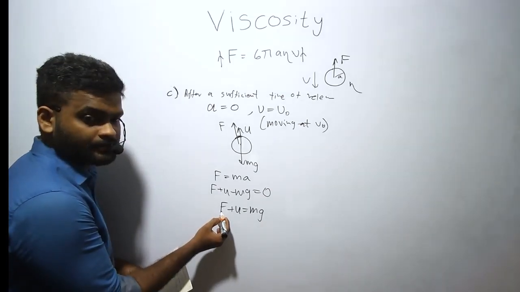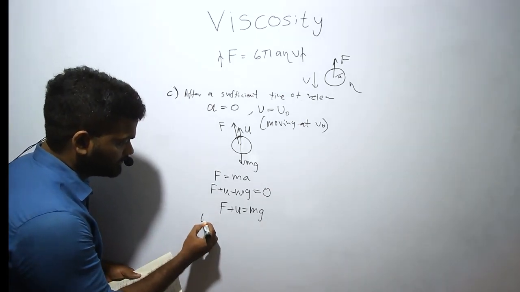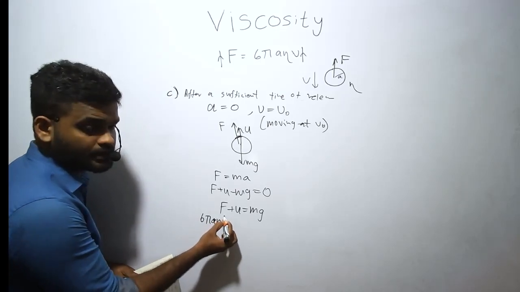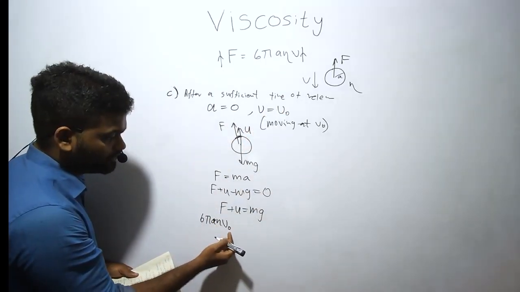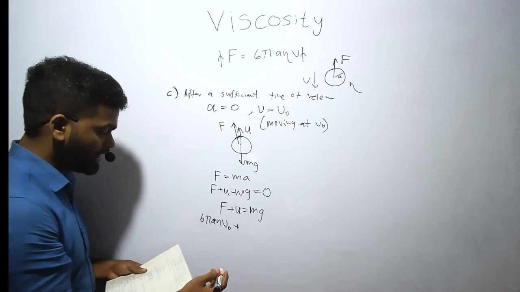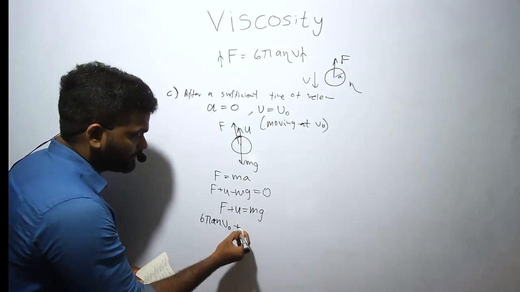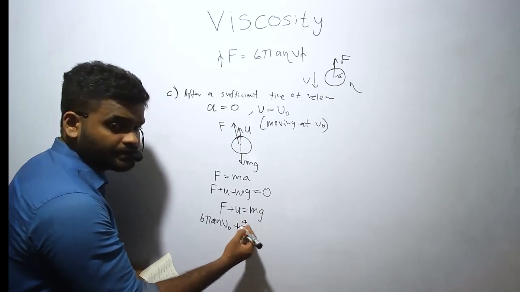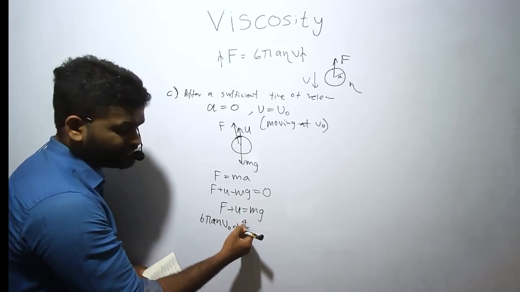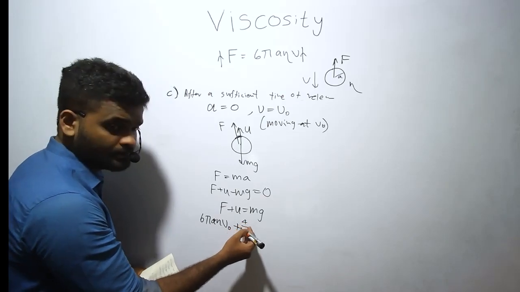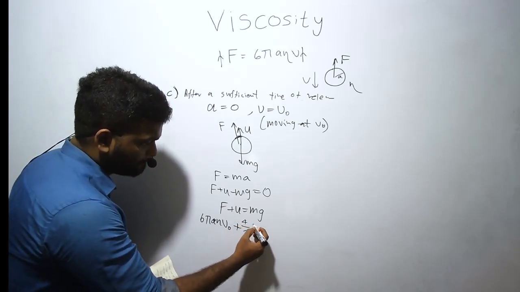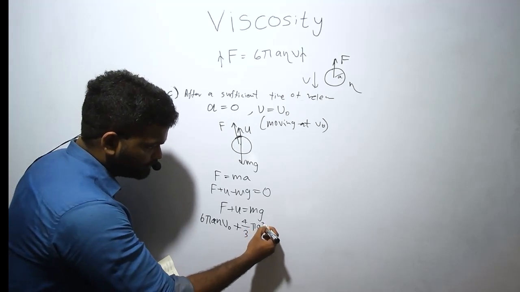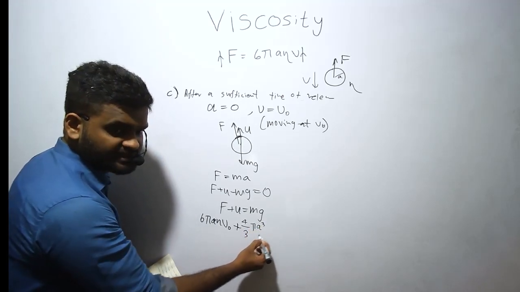So F is 6 pi A eta. Now it is V naught, okay? V equals V naught, terminal velocity, plus upthrust. Upthrust means V rho G. So what is the volume of a sphere? 4/3 pi A cube. This is the volume of a sphere, right?